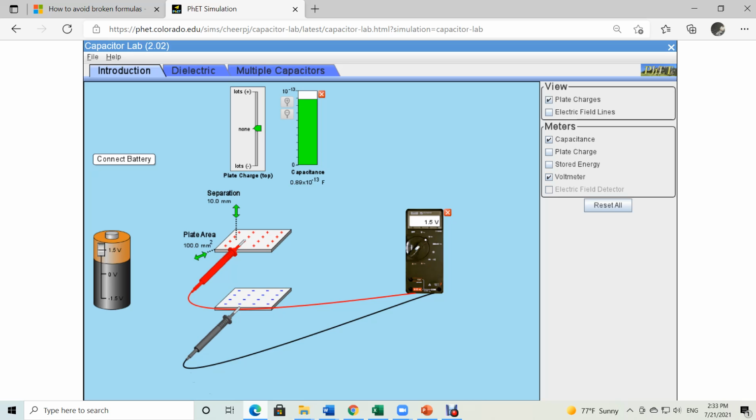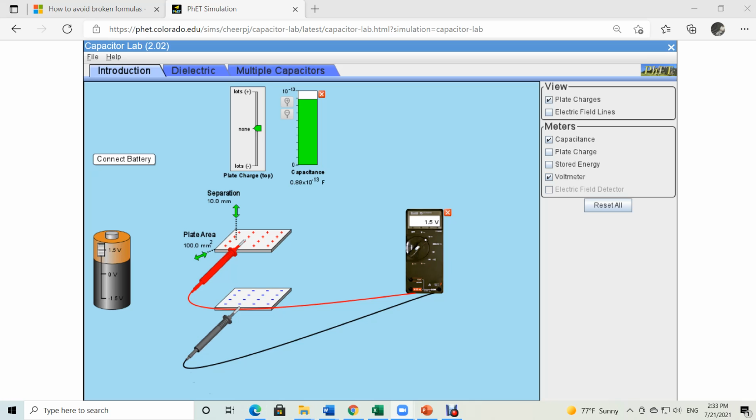Okay, plate charge. Yeah, see that? We have a device that measures capacitance. And by the way, not every multimeter has this capability, okay? But some multimeters can measure capacitance. This $15 multimeter of mine does have a capacitance meter right in here.